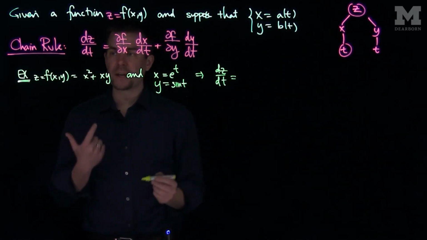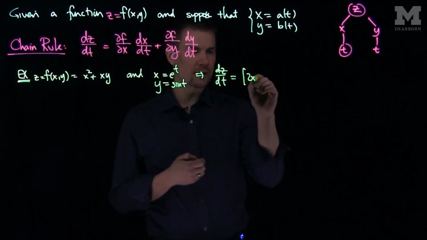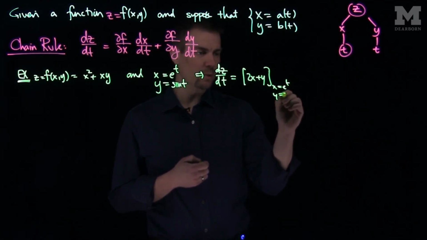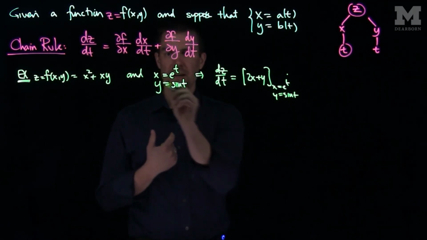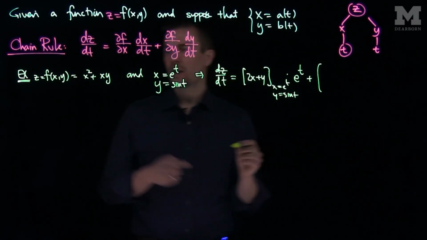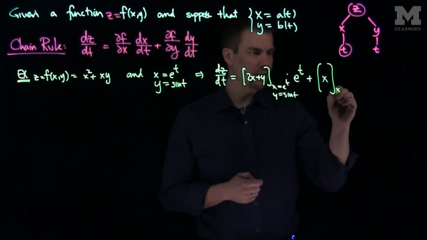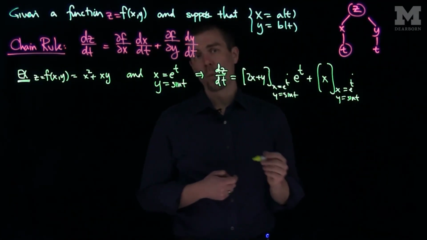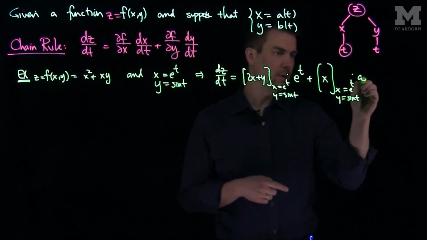Well, dz dt is going to be dz dx, so that will be 2x plus y, where x is equal to e to the t and y is equal to sine t, times the derivative of x with respect to t. The derivative of e to the t with respect to t is just e to the t, plus partial f partial y, that will just be an x, where x is equal to e to the t and y is equal to sine t, times the derivative of y with respect to t, which will just be cosine t.